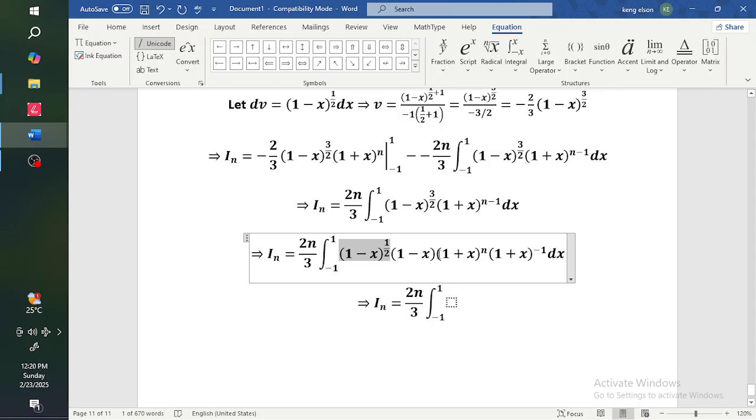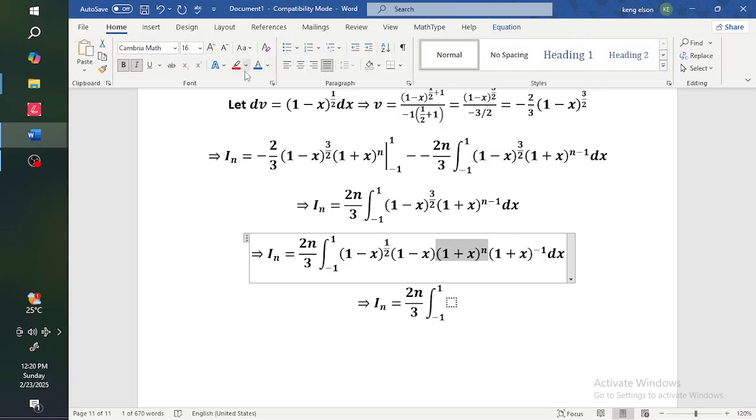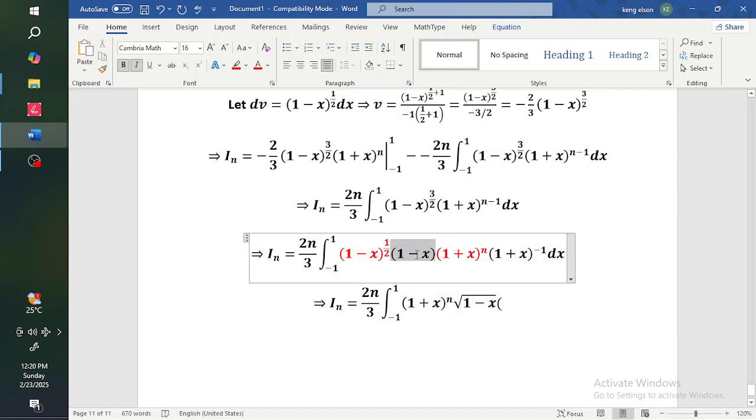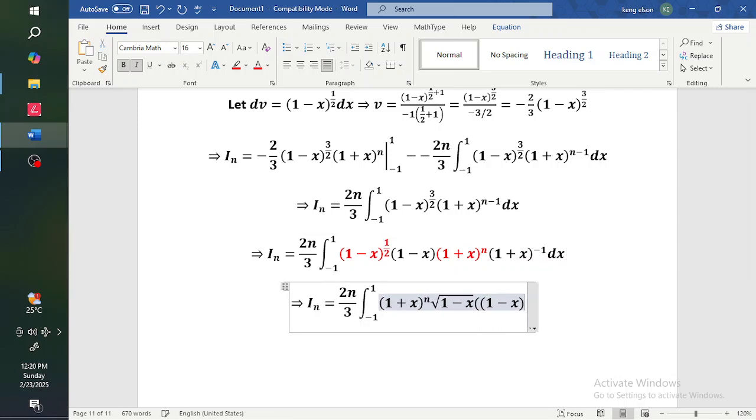I'll first pick these two terms and write them first. So I'm going to have 1 plus x to the n times the square root of 1 minus x. Then what is left is 1 minus x times 1 plus x to the negative 1, which is just the same as 1 minus x divided by 1 plus x.